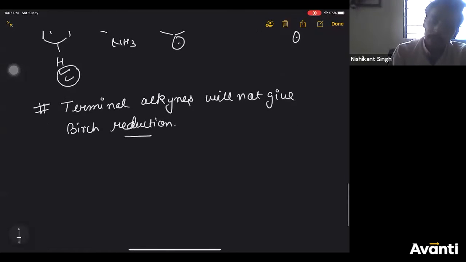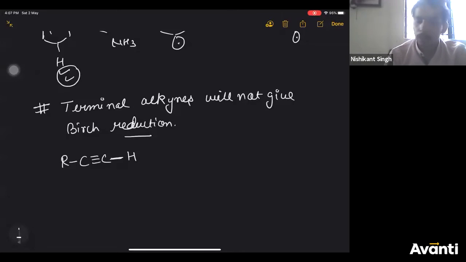Now let us see why it does not give Birch reduction. Because if you take a terminal alkyne, in this case you are using sodium in ammonia. Remember, ammonia is a Lewis base because it has a lone pair of electrons. And we have seen that alkynes are sp hybridized.